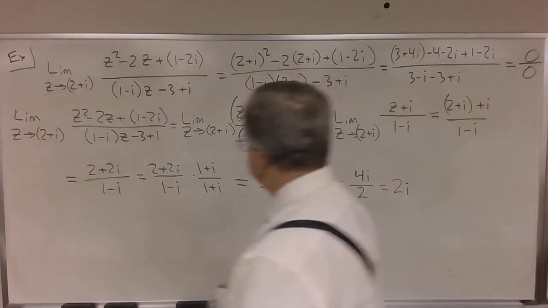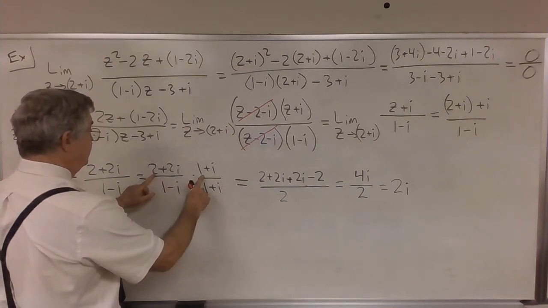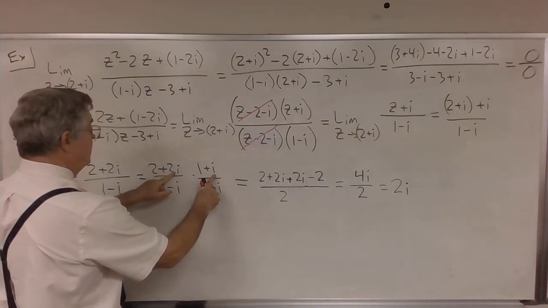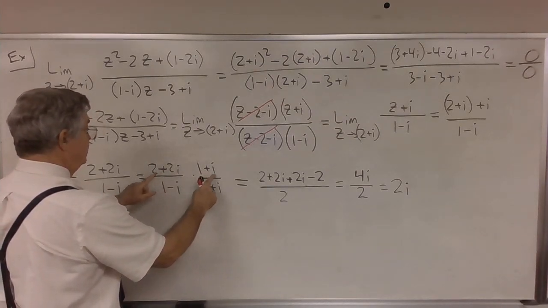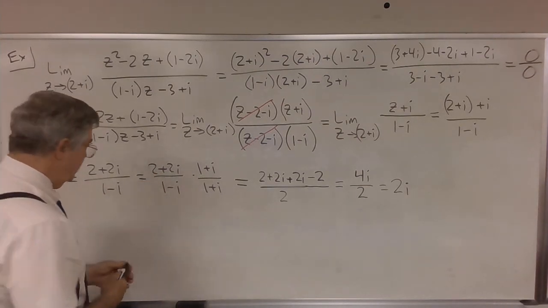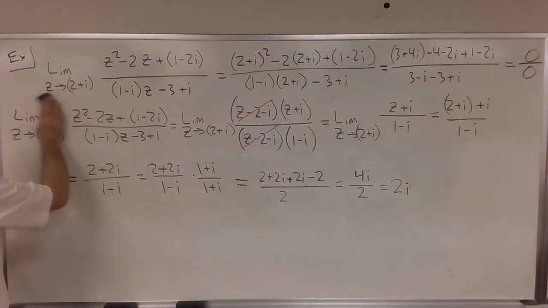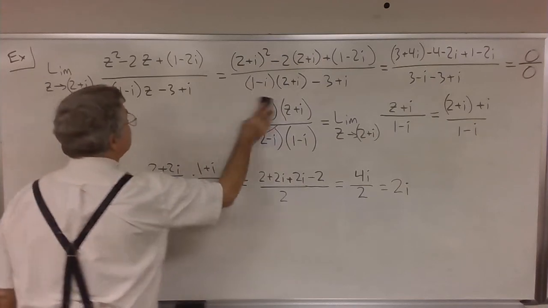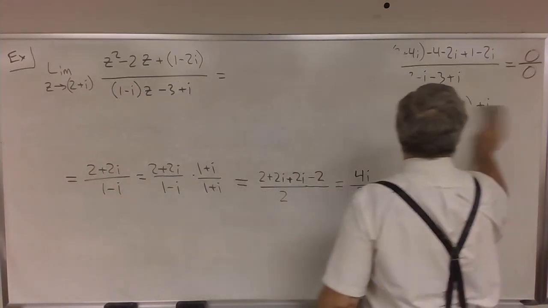Now let me just make sure I did that again correctly. 2 minus 2, 0. 2i plus 2, yeah, okay. So, after having done all of that mess, we'll encapsulate our results.